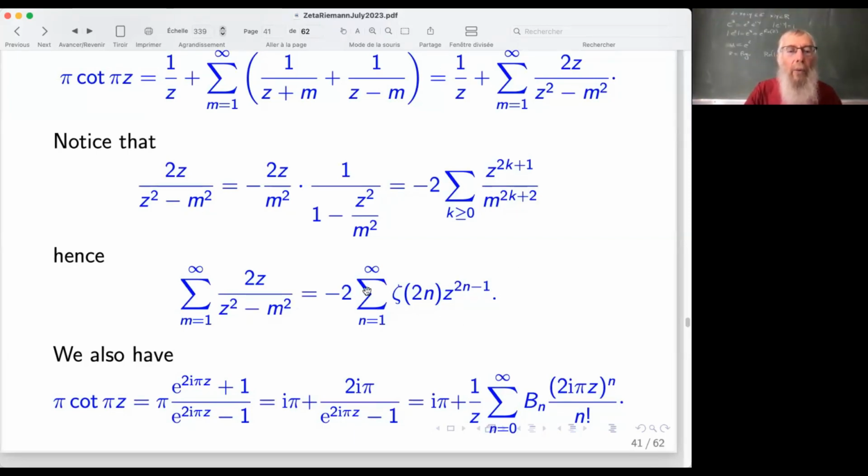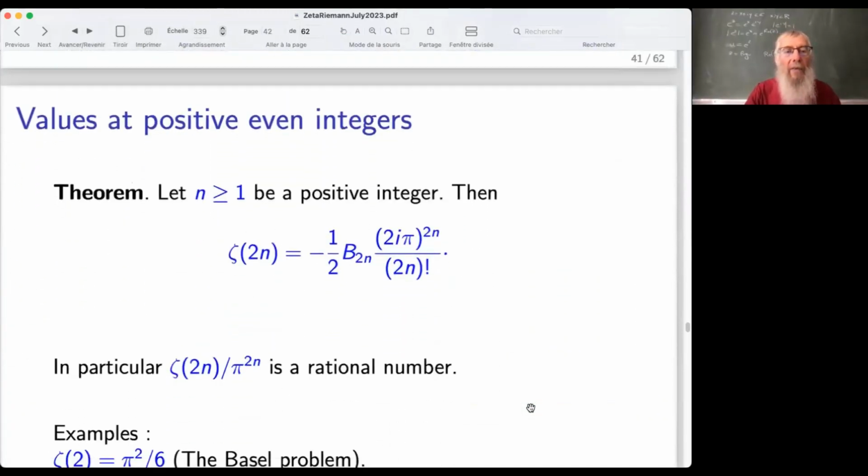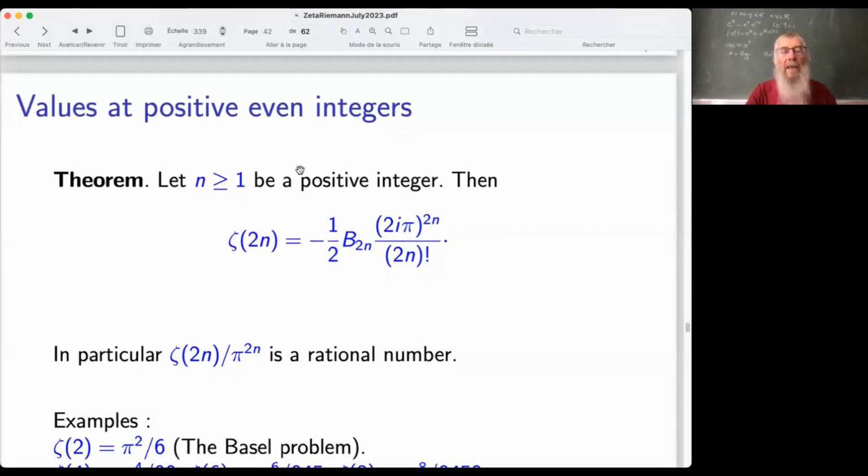You have one which is given by the formula which is here, starting with 1 over z, and you have one which is given by the Bernoulli numbers. And so you deduce the value of zeta of 2n in terms of Bn. And the result is the following. If n is a positive integer, zeta of 2n is minus 1/2 of B2n (2i pi) to the 2n, divided by (2n) factorial.